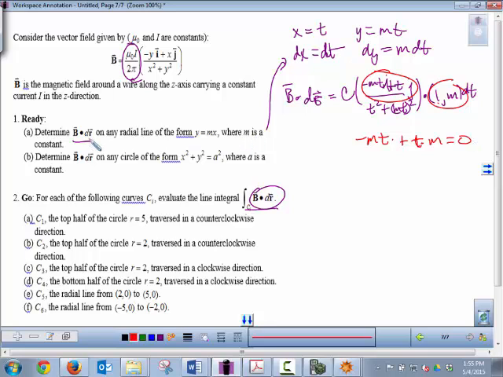So it turns out that this is equal to 0 before you even integrate. So anytime you try to integrate this over a line segment, you're going to get 0. Okay? All right, so that's the first one.